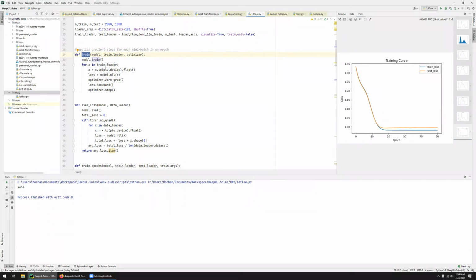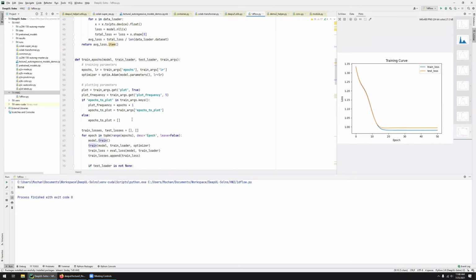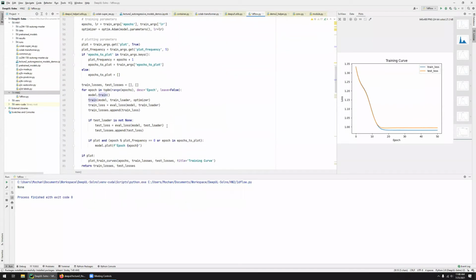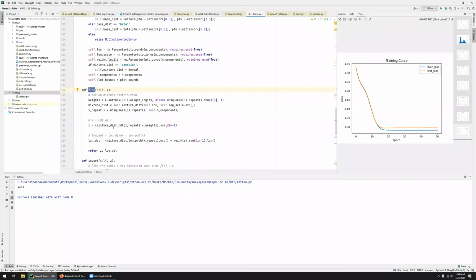Every element in the training set, then evaluate the loss, train epochs. All of these are the same, except that there's a plot after each epoch. The main part is in this module, mixture CDF flow, and this function flow, right? I was looking through it and I couldn't figure out what is going on.